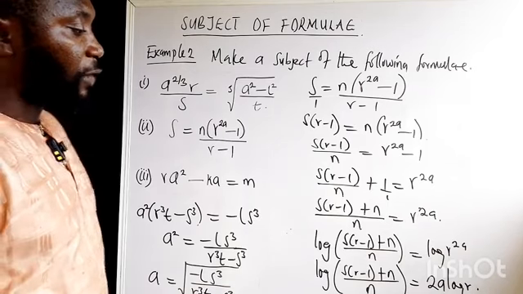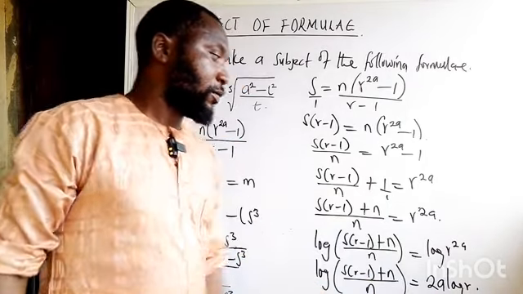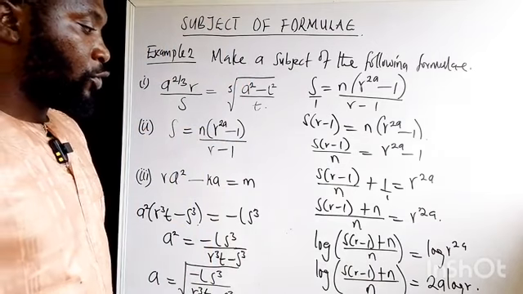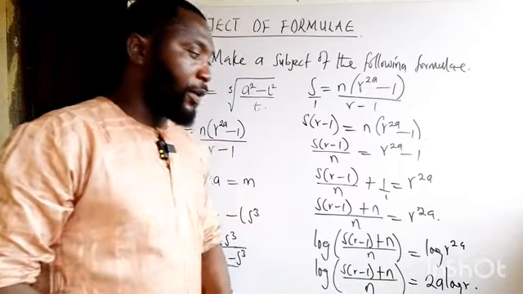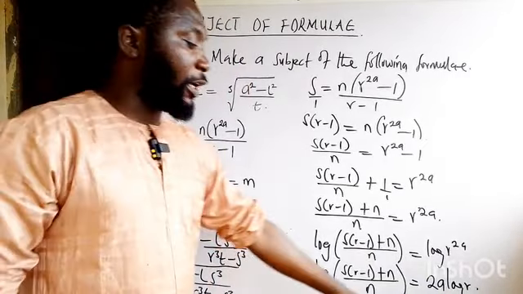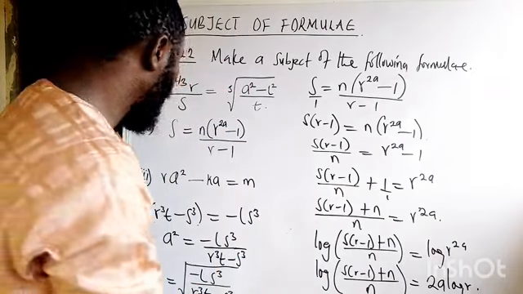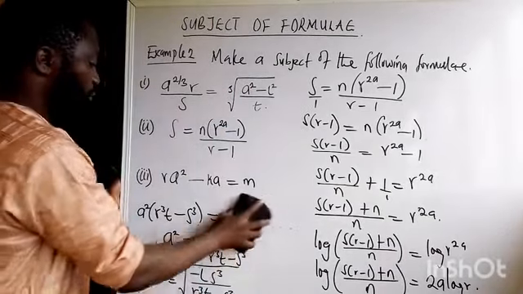Now you can divide both sides by log r, so that you have 2a equals whatever you have here. So let's divide both sides by log r.